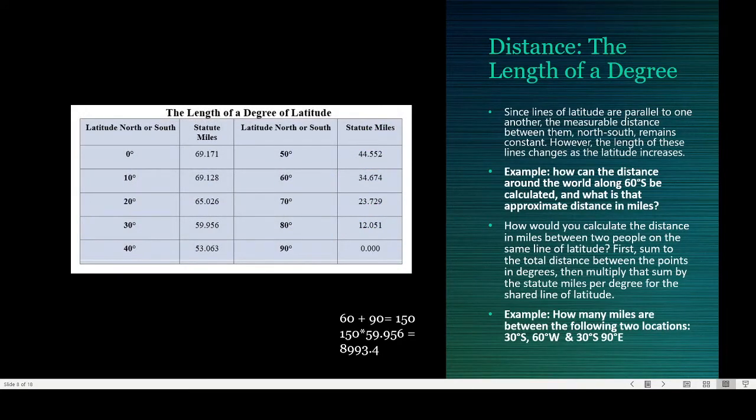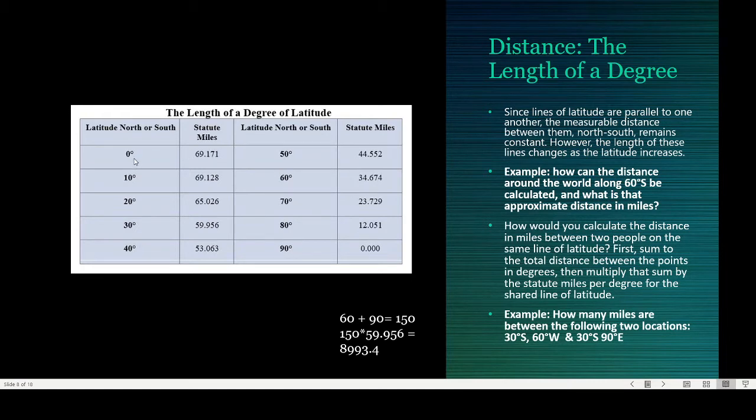The next concept in your lab is based on the length of a degree. We have a chart here, and it tells you the length of the degree at the equator. The statute miles is 69.171.